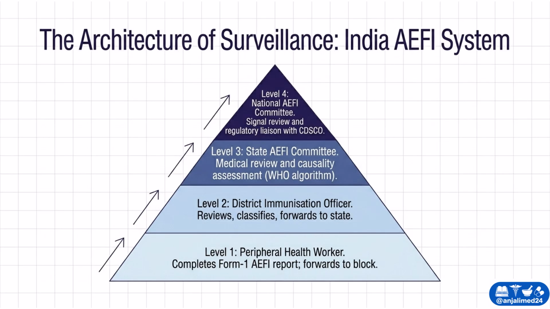additional investigations. The pyramid structure shown in this slide demonstrates how local reports progressively move upward through increasingly specialized levels of analysis and oversight. The key takeaway is that vaccine safety surveillance is not just about statistics or algorithms. It is also about organized public health infrastructure, coordinated reporting systems, expert medical review, and regulatory decision making.